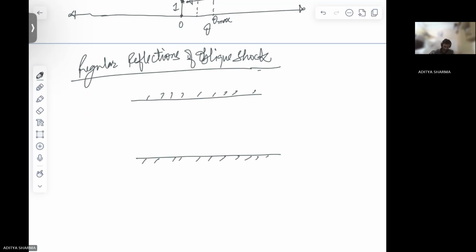So you have some flow happening here, then some deflection you give here. This deflection will give rise to an oblique shock, and this oblique shock will get reflected this way. And the flow that is happening will be like this.